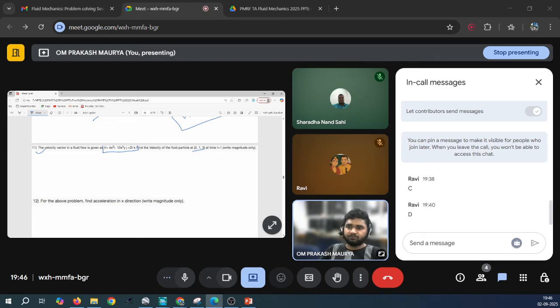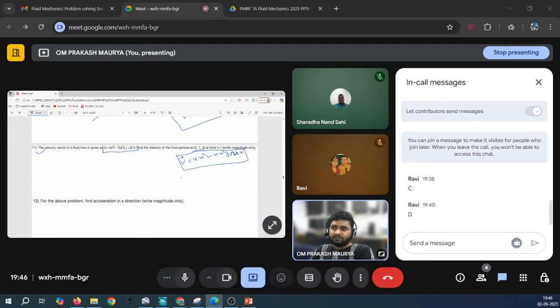So okay, please just try to calculate. Let me write the full expression: 4x cubed i minus 10x squared y j plus 2t k. Using this velocity description in x, y and t, or z also, this is 2t, not z.